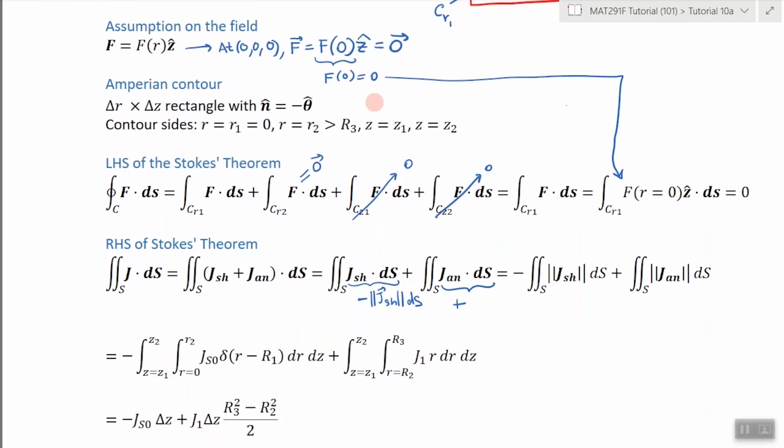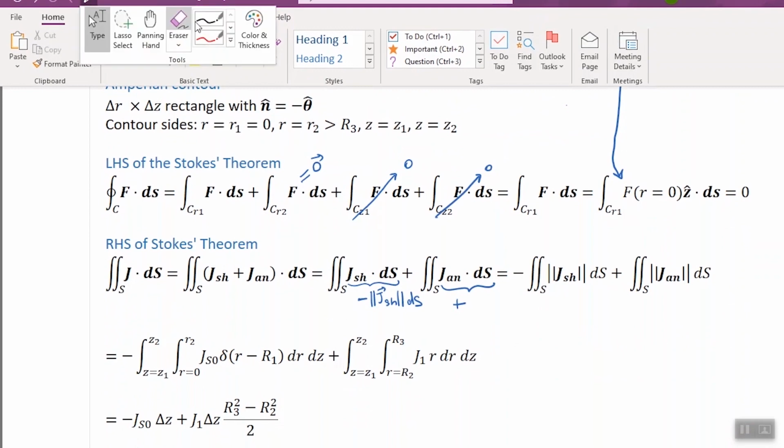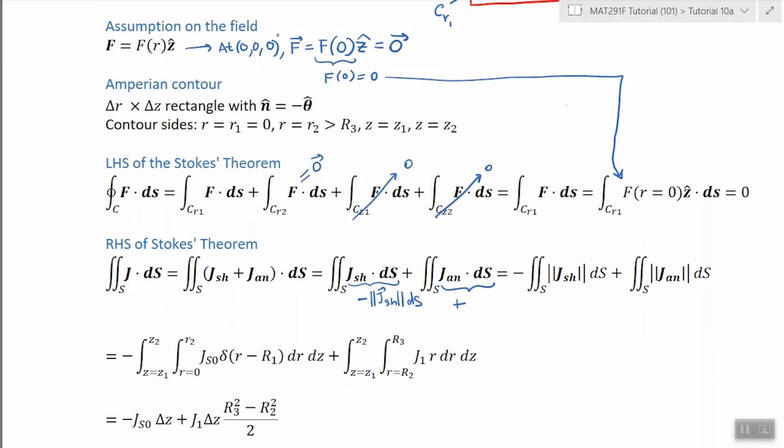Okay. So this is equal to plus J annulus ds. Then this is what I wrote here. Here I'll have a minus, here I'll have a plus.